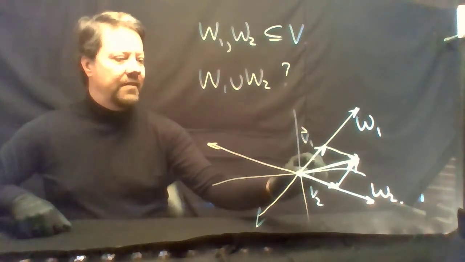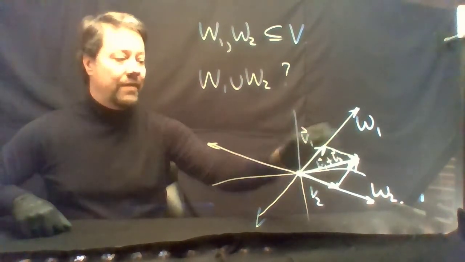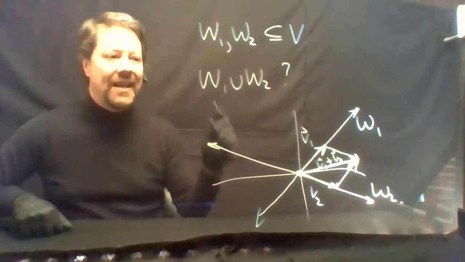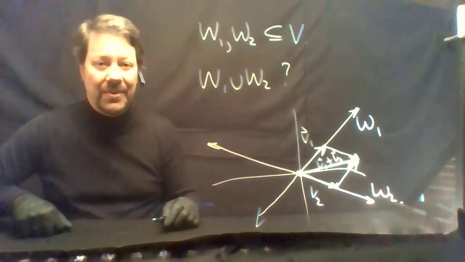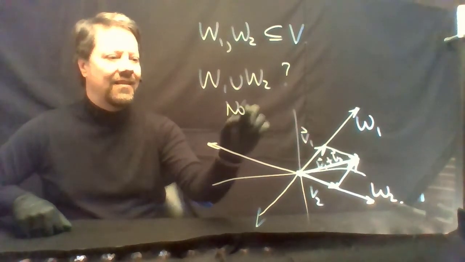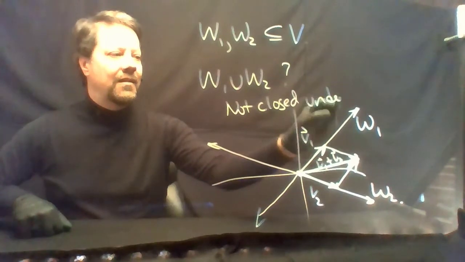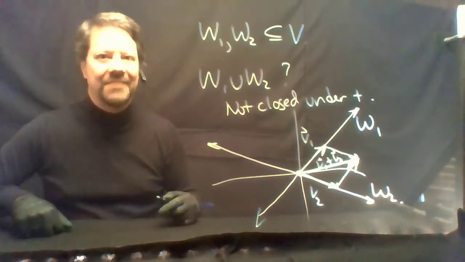The sum, V1 plus V2, is not in one of those two directions. You get something outside of that, which means that the union is not closed under addition. Unless one of them consists only of the zero vector.